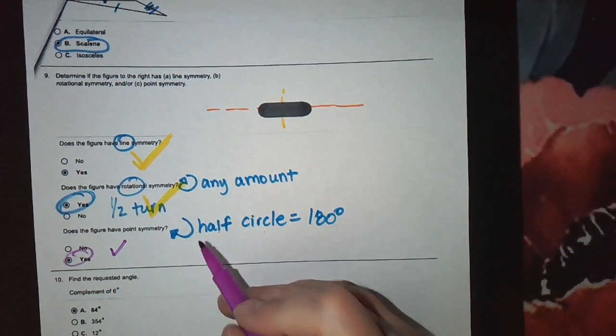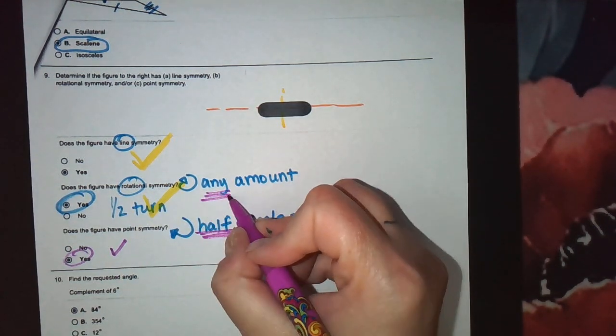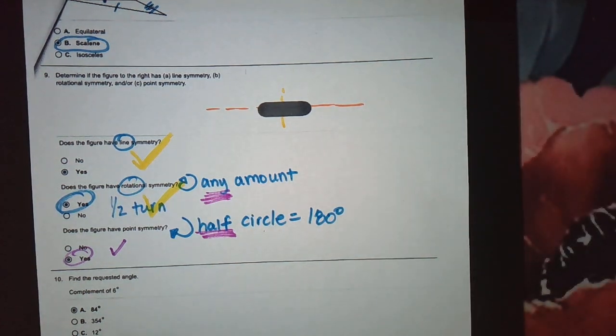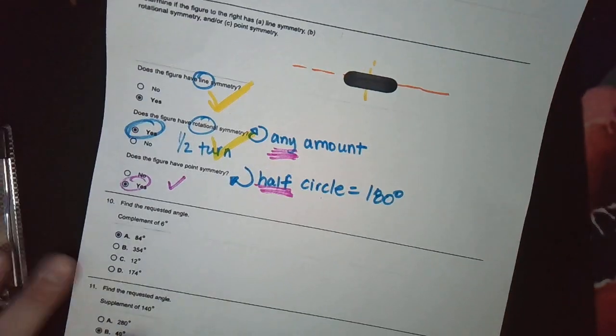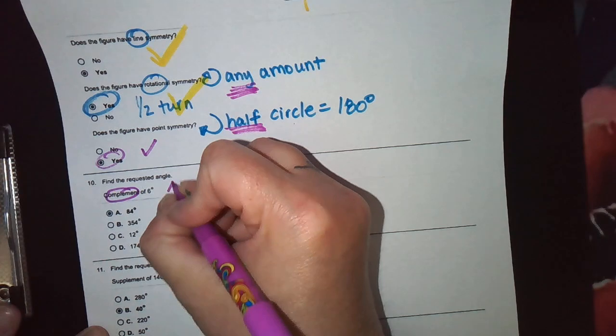So point symmetry has to turn at a half circle. Rotational symmetry, you can turn any amount, and if you get the same picture back, it's rotational symmetry. Okay, number 10, it says find the complement. Complement means add up to 90.